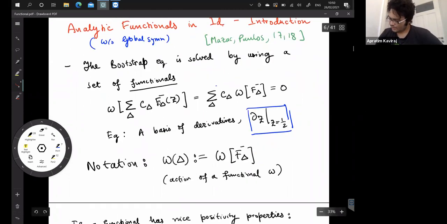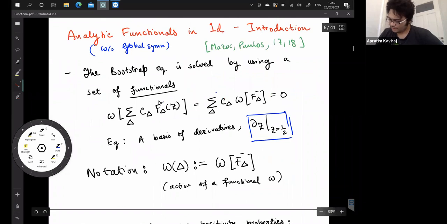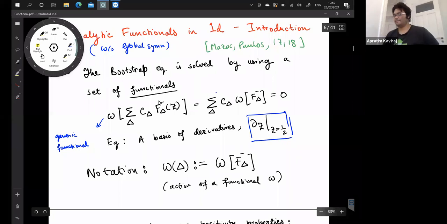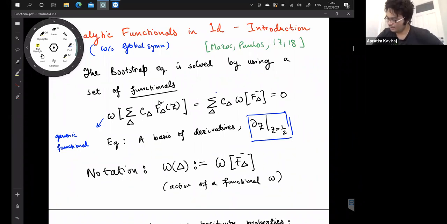In general, I will denote a generic functional as omega. This is my notation for a generic functional. I will also use the notation omega of delta, by which I simply mean the action of the functional on F of delta.